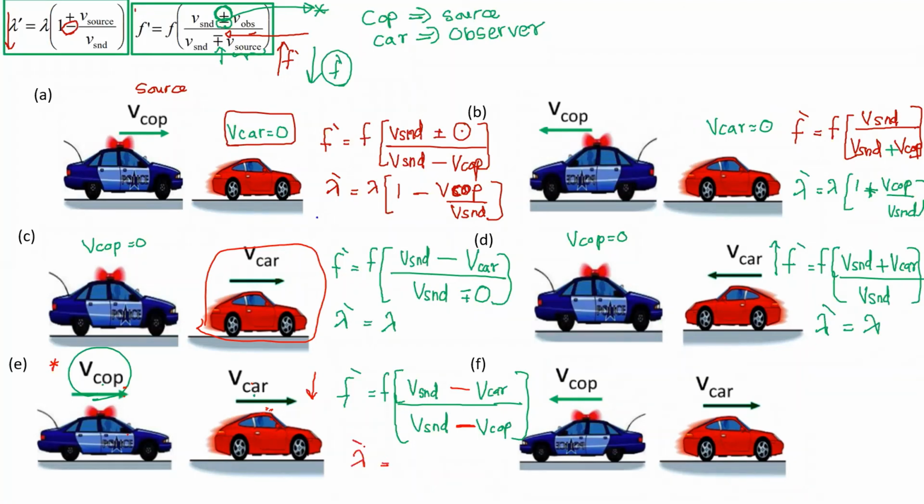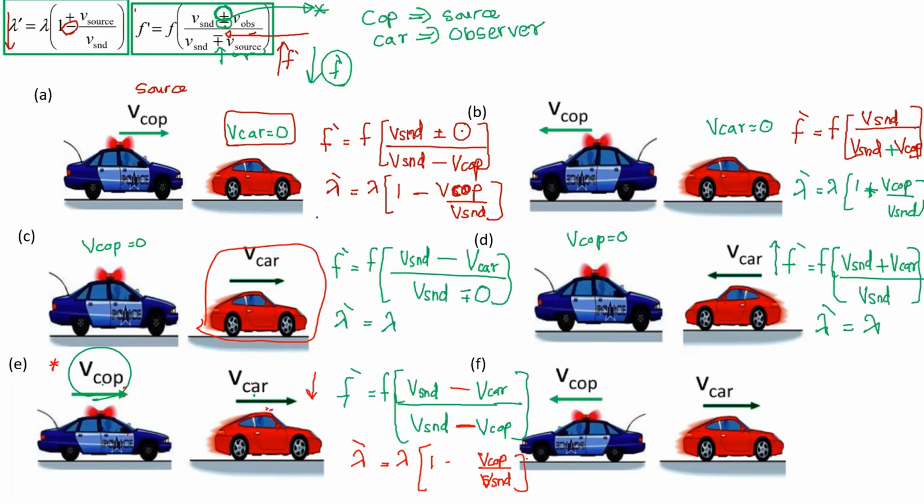So lambda is also the same. You are going to look at it only in terms of the source. What is the source trying to do? The source is trying to come closer to the car, right? The cop is trying to come closer to the car. That means it is trying to decrease the distance.